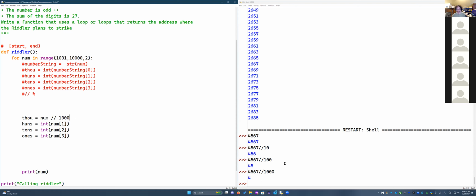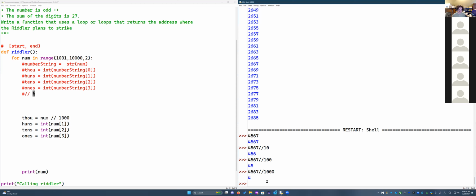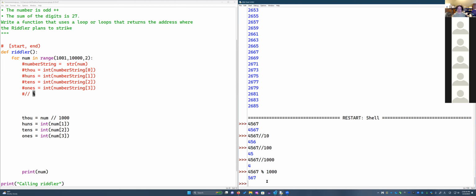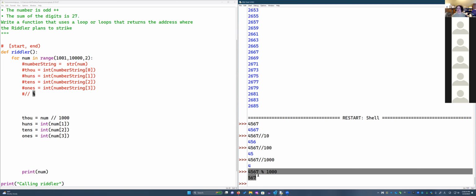The other tool that we have is the modulo. Let's just play around with that for a bit. 4, 5, 6, 7 divided by 1000 gives us 4. Modding by 1000 gives us everything that didn't fit into being divided by 1000.